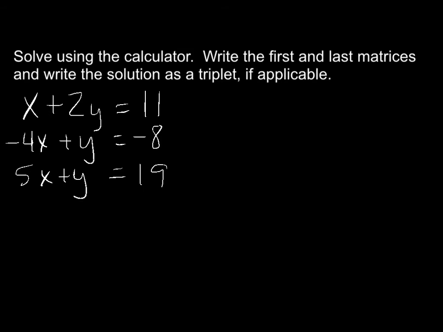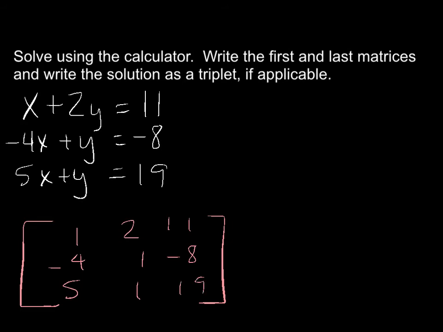So I need to set up my matrix. So I have 1, 2, and 11, -4, 1, -8, and 5, 1, and 19.